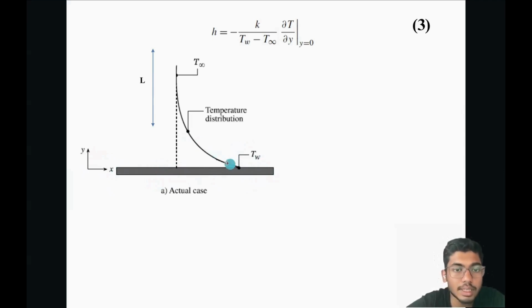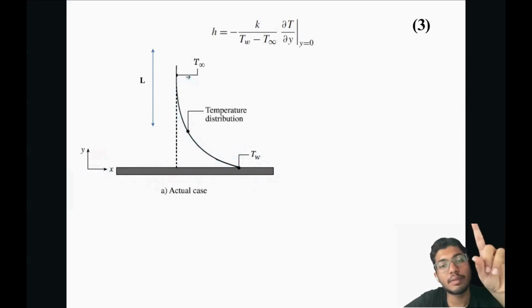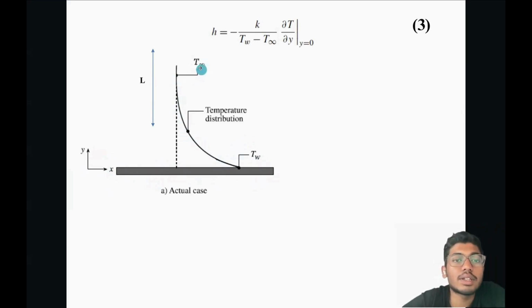As we go up, the temperature changes, and when we go to infinite distance from the plate, this is the temperature of the air at infinite distance from the plate, that is T infinity. So this is the temperature distribution curve.